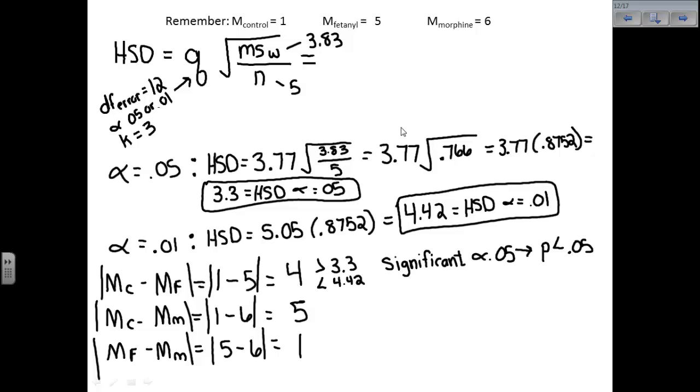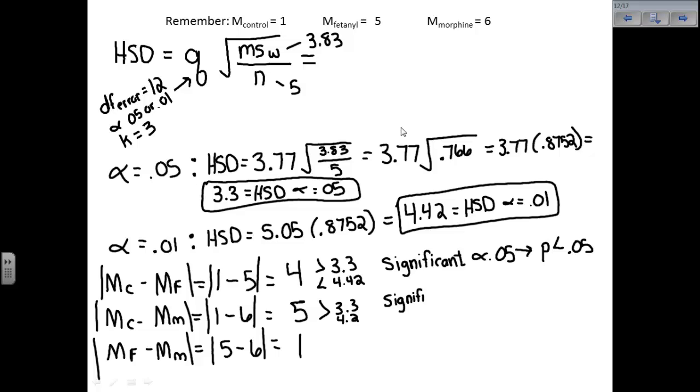Okay, well 5 is greater than 3.3 and 4.42. So this one is significant at an alpha level of 0.01.